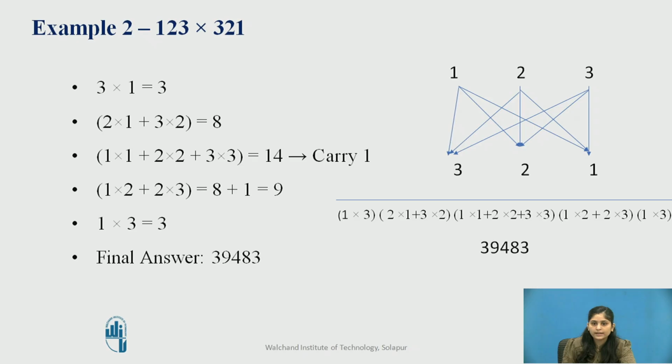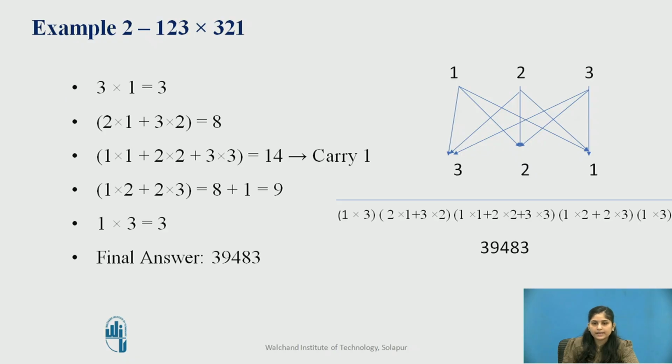Now again, to write the final answer, we write the numbers from right to left and add the required carry. So first, the unit place is 3 into 1, which is 3 as it is. Then the next digit is 2 into 1 is 2 plus 2 into 3 is 6, so 6 plus 2 is 8. Next, 1 into 1 is 1, plus 2 into 2 is 4, that is 1 plus 4 is 5, plus 3 into 3, that means 9.